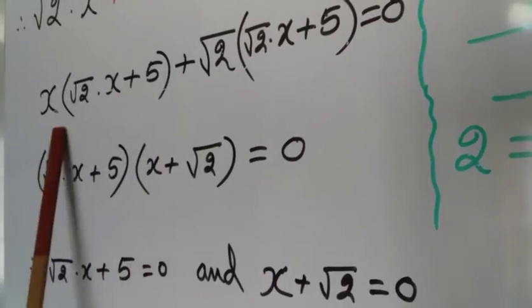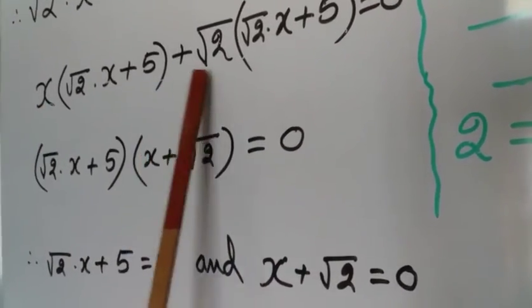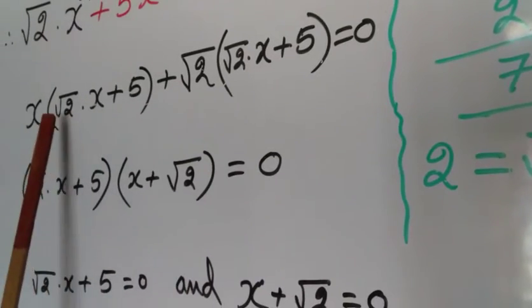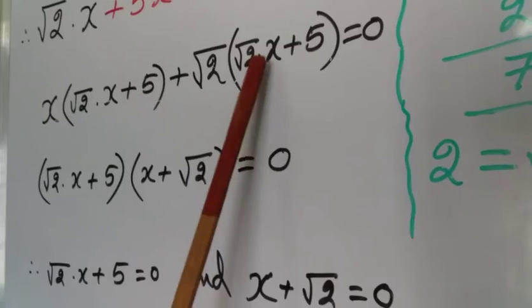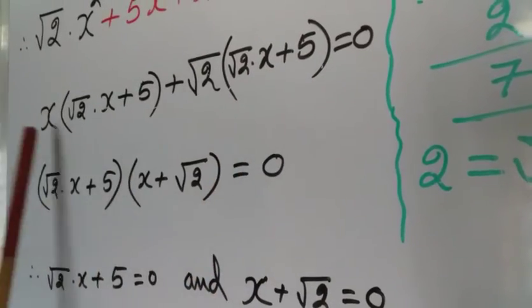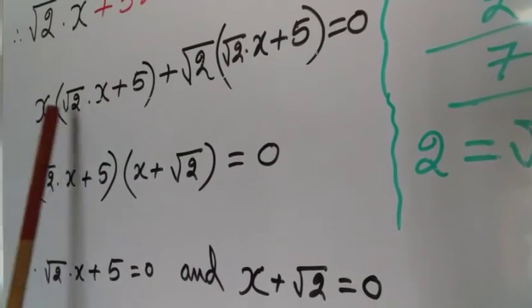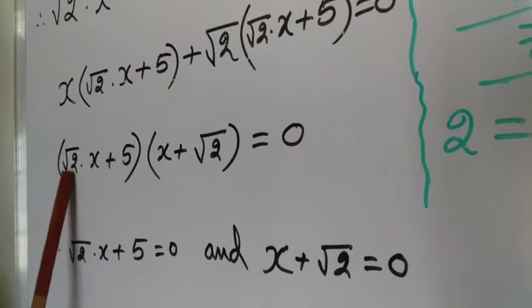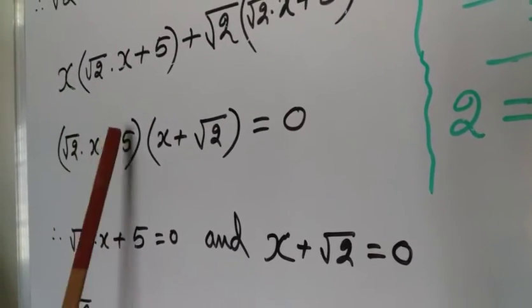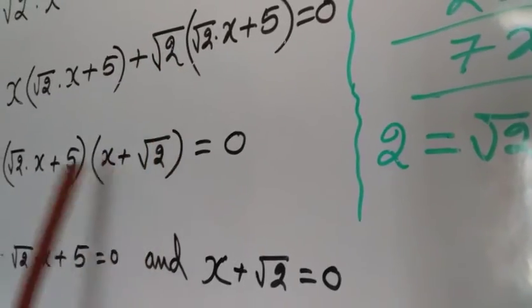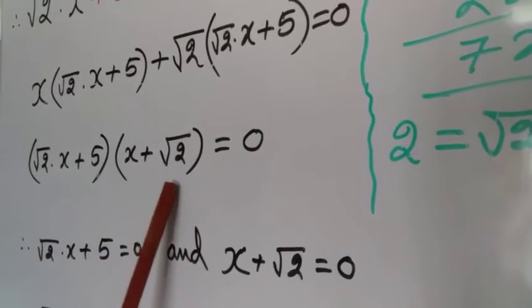This is one term and this is another term. Again, root 2 x plus 5 is common. If we take it common, the remaining are x plus root 2. So, these two are the product factors.